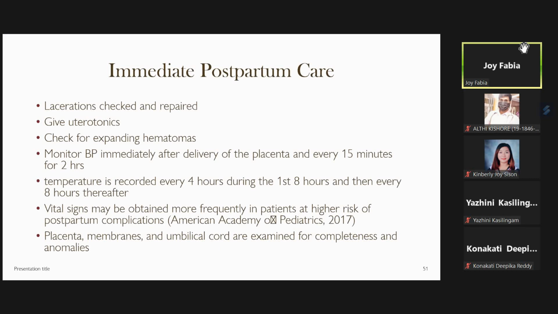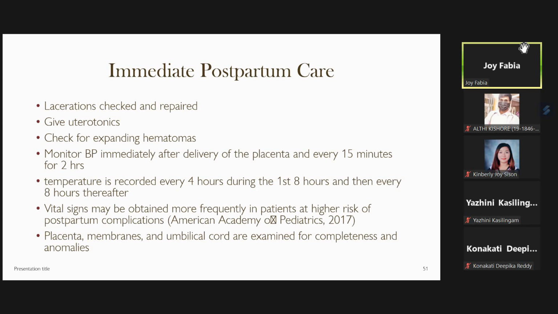Hinahayaan na natin siya as long as less than 5 centimeters and non-expanding. However, if the hematoma is more than 5 centimeters and it's expanding, syempre very important, kailangan natin siyang i-evacuate. Sometimes we do it in the operating room. Pero kung kaya naman in the delivery room, sa delivery room din ginagawa.